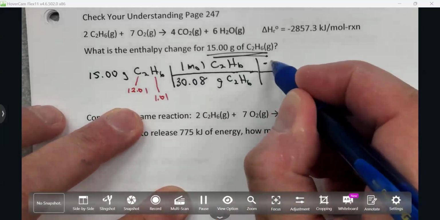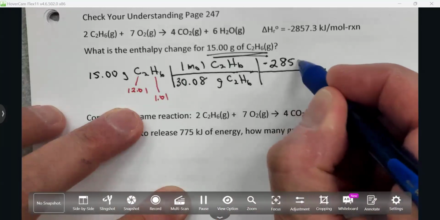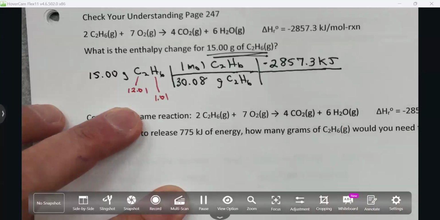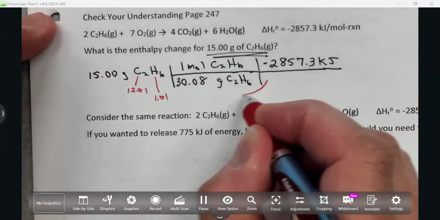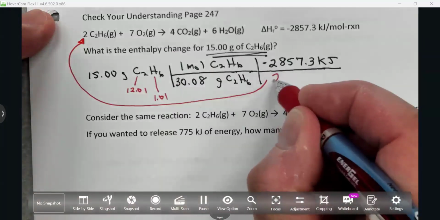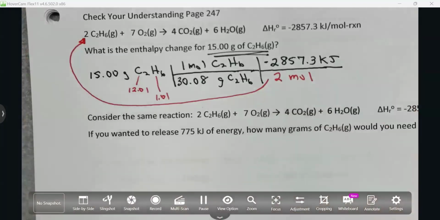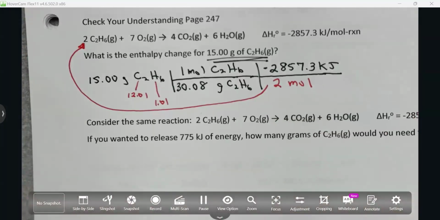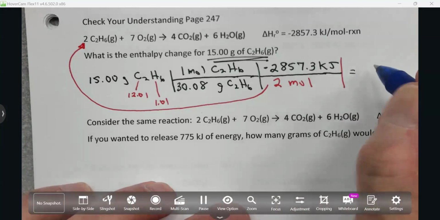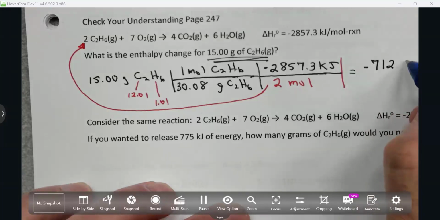This gets us negative 2857.3 kilojoules for 2 moles. So we would get negative 712 kilojoules.